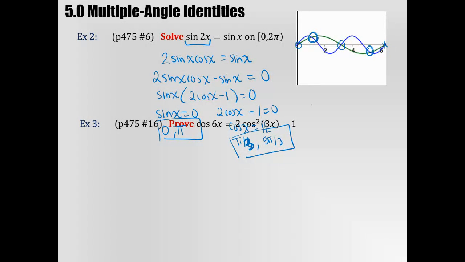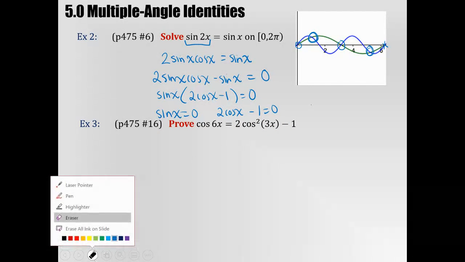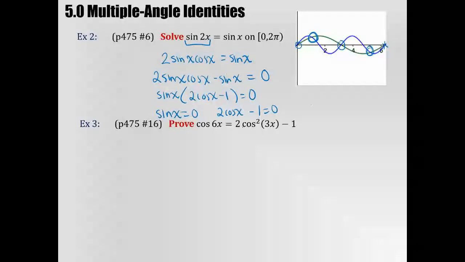Oh boy. Okay, so here we've got: prove that the cosine of 6x equals 2 cosine squared 3x minus 1. Okay, and our goal is to prove this.